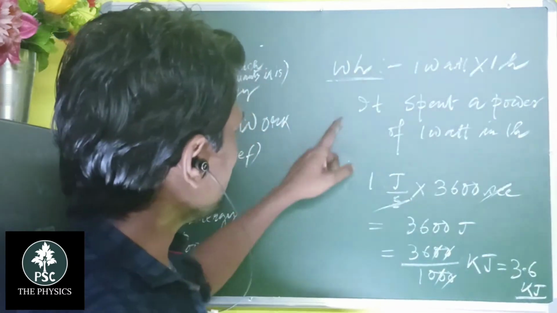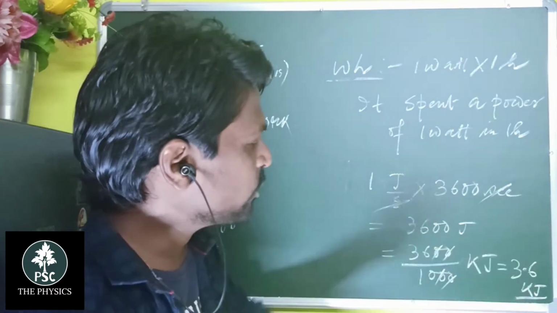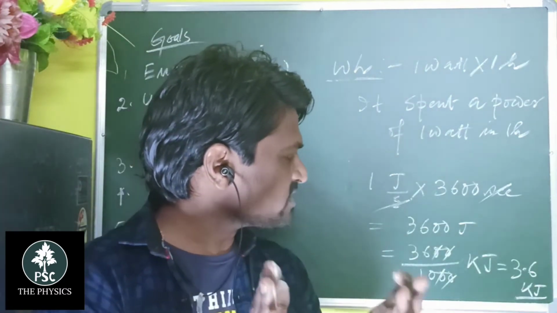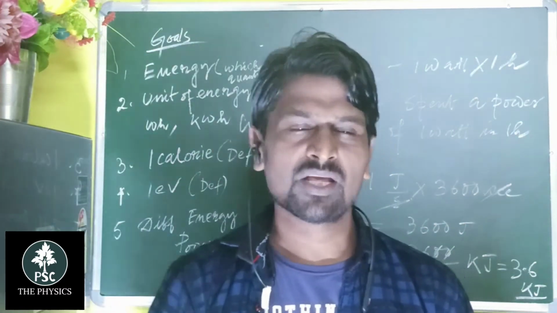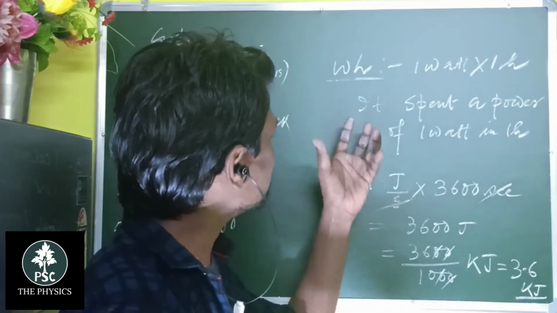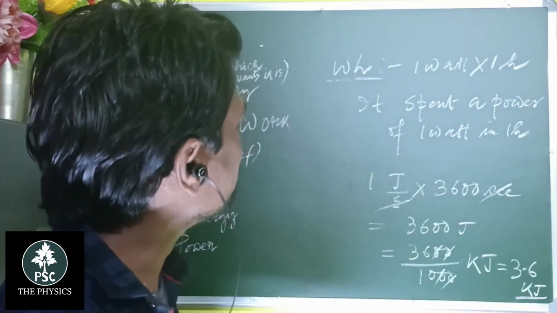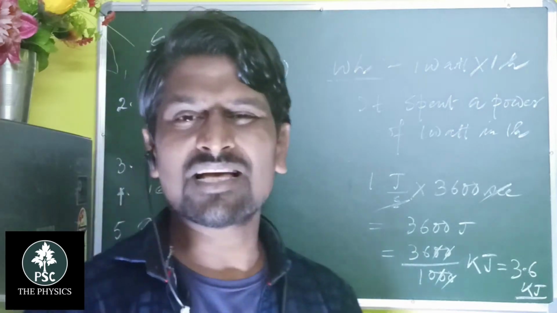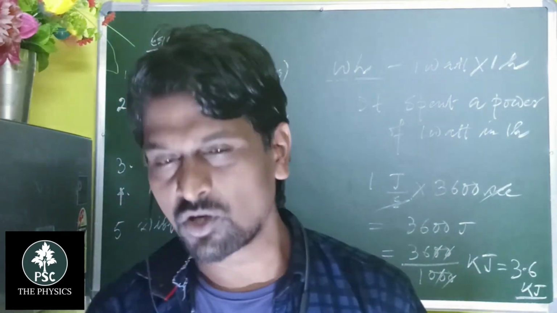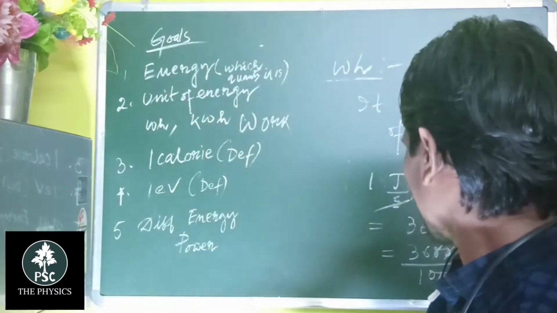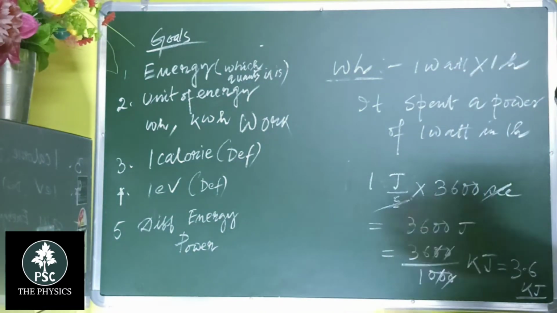So 1 watt hour is equivalent to 3.6 kilojoule. This is the conversion of this unit of energy into the SI unit of work, joule, that is kilojoule.